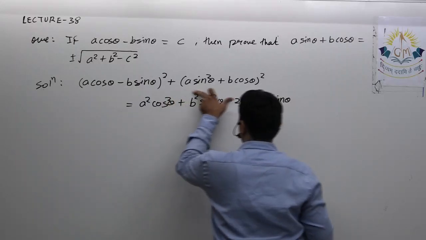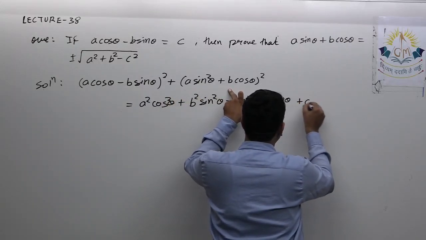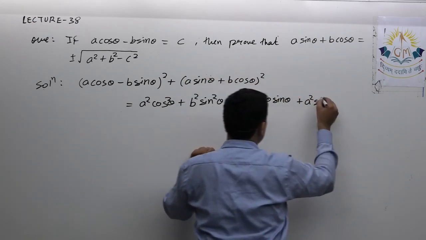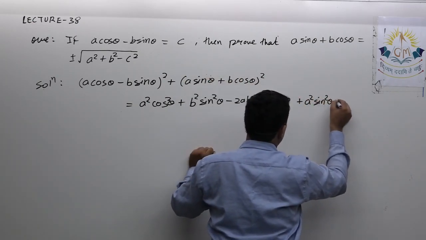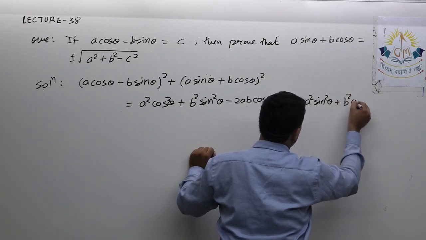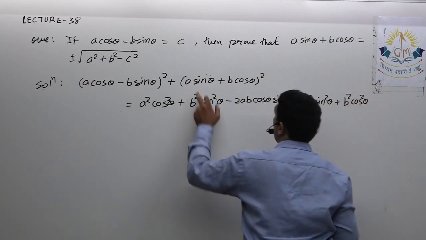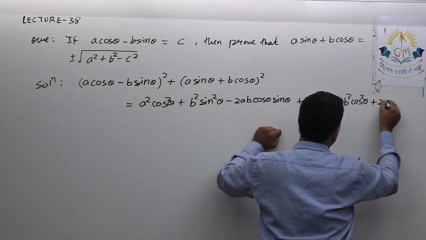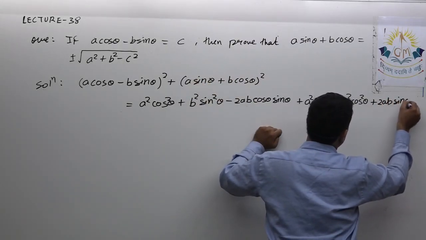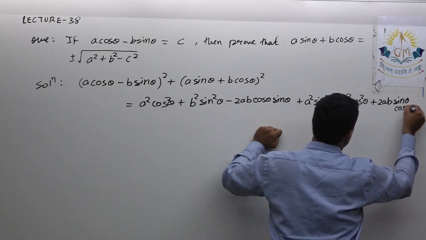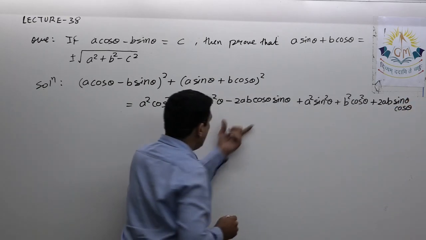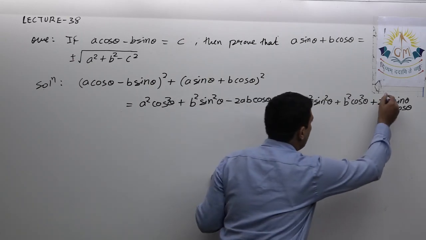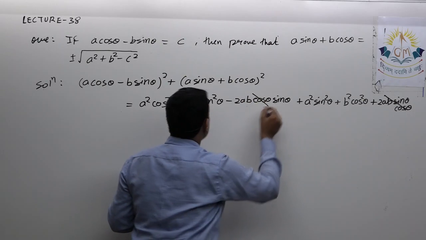Now also the square of this gives me a square sin square theta plus b square cos square theta plus 2ab sin theta cos theta. So you can see this minus 2ab sin theta cos theta and plus 2ab sin theta cos theta will cancel each other out.